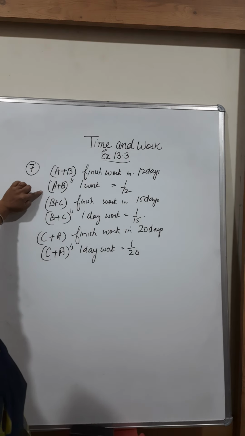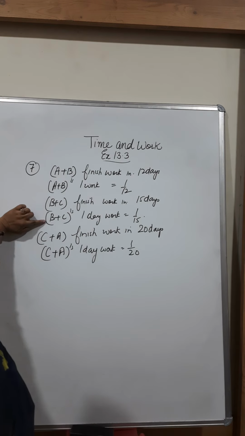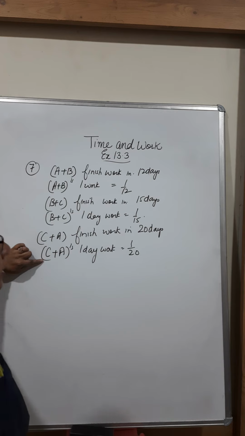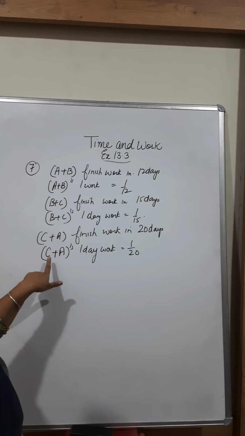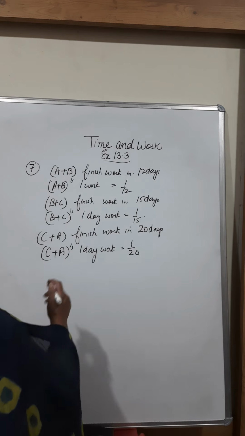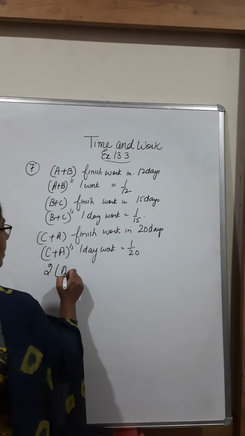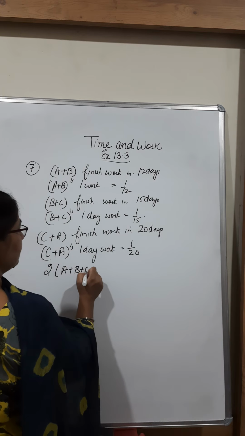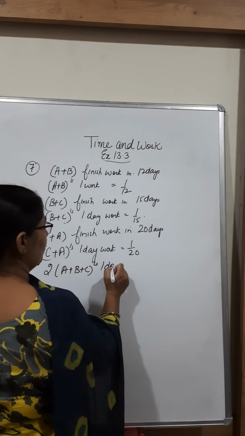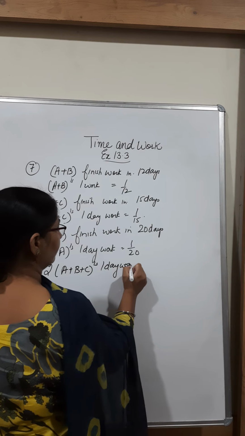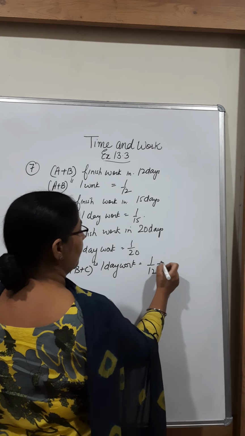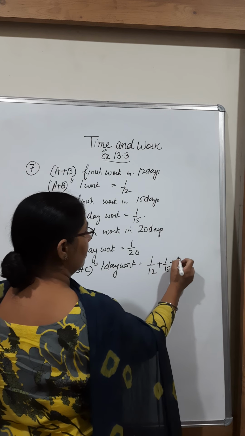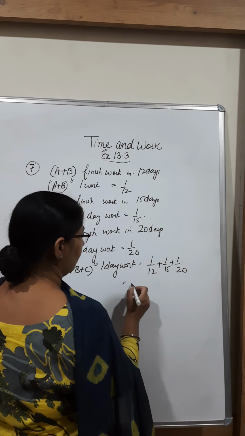Here you are getting A plus B, here you are getting B plus C, and here you are getting C plus A. If you add all of them, A is coming twice, B is also coming twice, and C is also coming twice. So twice of A plus B plus C's 1 day work will be equal to 1 by 12 plus 1 by 15 plus 1 by 20.